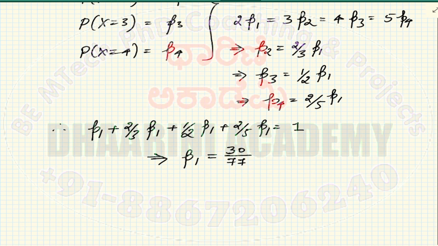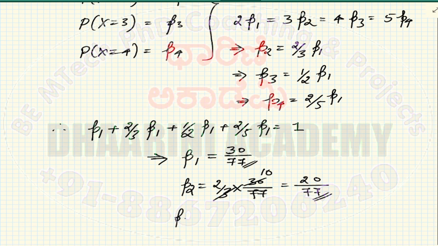30 by 77. Fine. Now we'll find out the other values as well. P2 is equal to 2 by 3 of this number, that is 30 by 77. This cancels with this as 10, so this is 20 by 77.